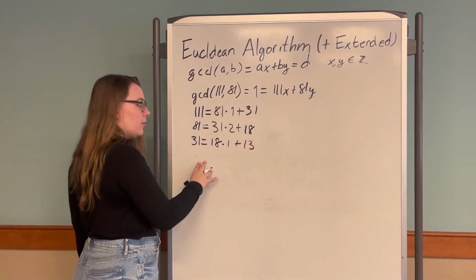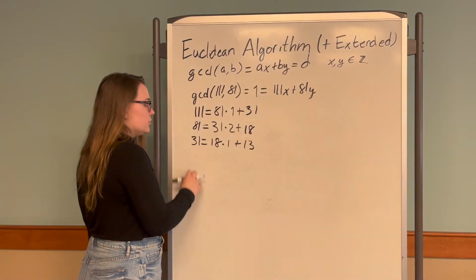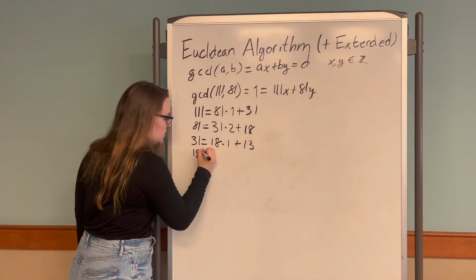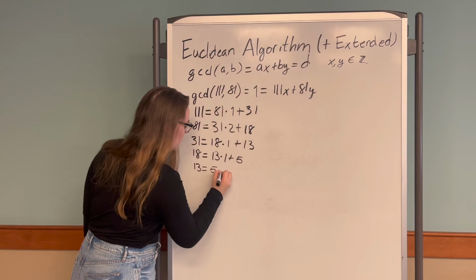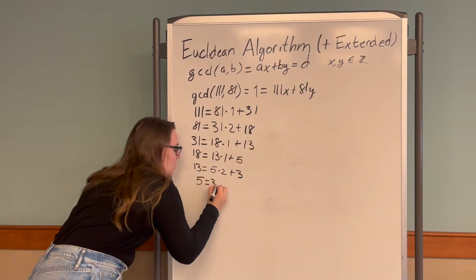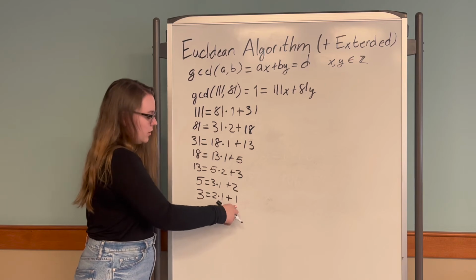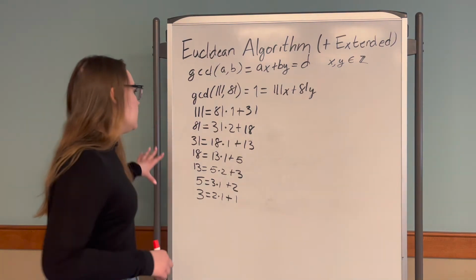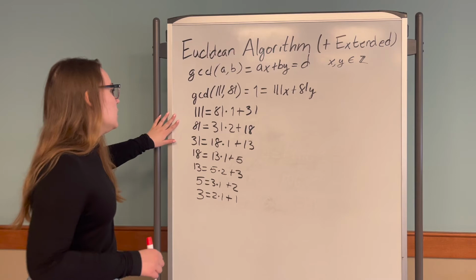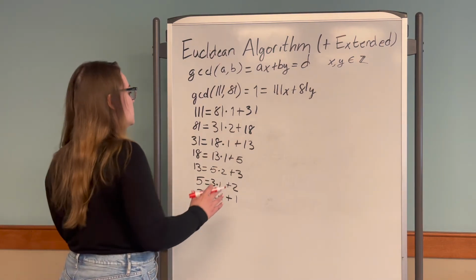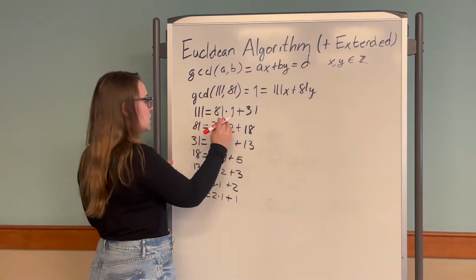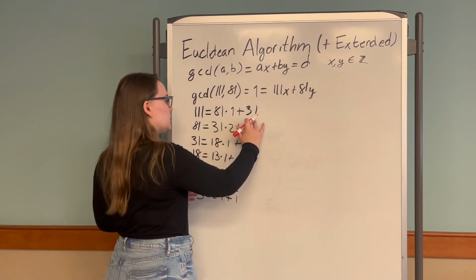And we're going to keep going until we reach our GCD. And we end when our remainder is equal to 1. So now we have to do the back substitution part. The first step to doing that is to rewrite these equations. So we want the remainder to be by itself.